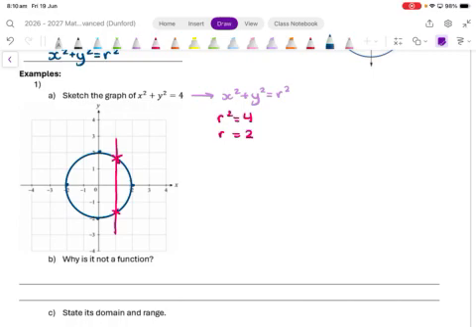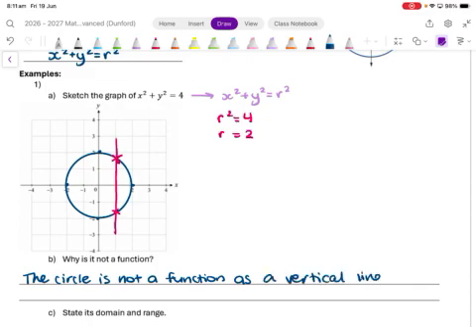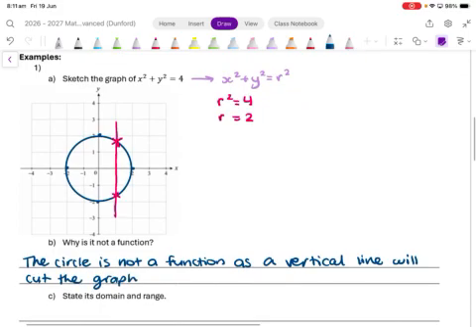So we're going to write: the circle is not a function as a vertical line will cut the graph in more than one place. Okay, so it doesn't pass that vertical line test that we have for functions.